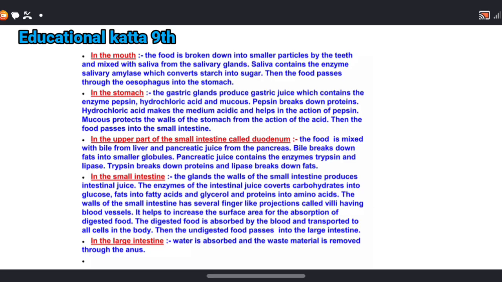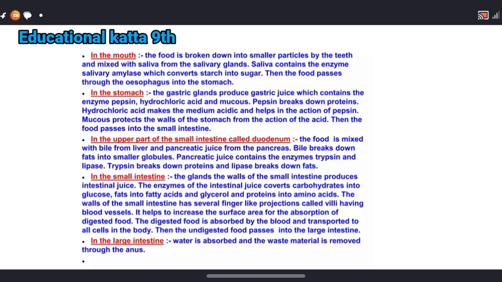Thus the length of small intestine differs in all organisms depending upon their food habits. Like herbivores have a long small intestine because they have to do the cellulose digestion, while carnivores have shorter small intestine as they eat meat which is easily digestible, okay.